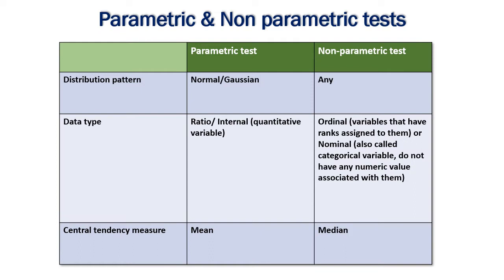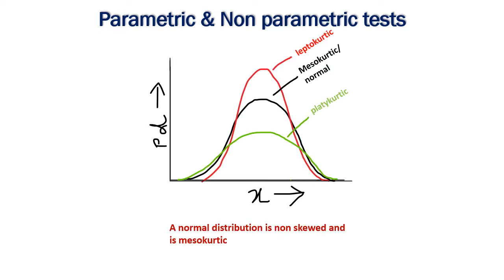And when talking about normal or Gaussian distribution, let's have a look at how a normally distributed data set would typically look. It should look somewhat like the line shown in black, which is symmetrical, and the ones in red and green are the distribution sets which show kurtosis.